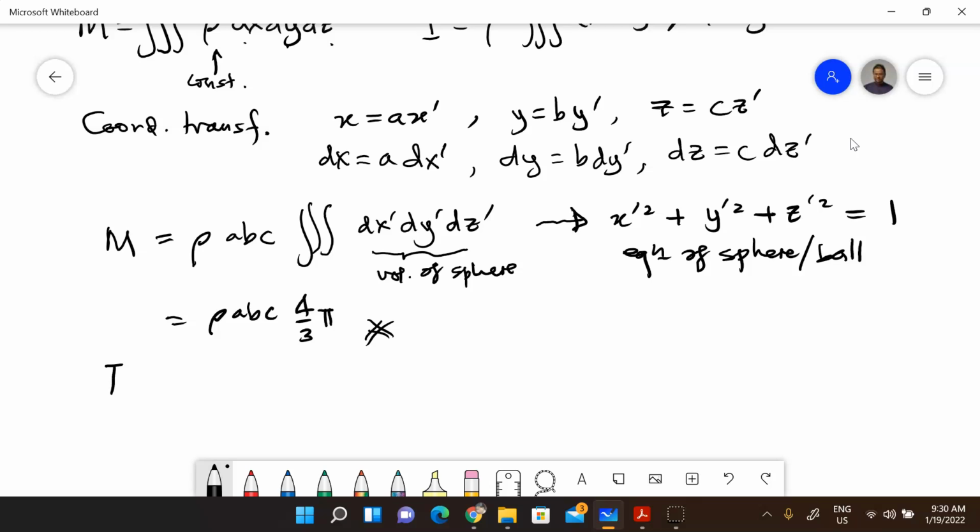But for the moment of inertia, you can see that that's going to be a problem. Okay, so let's write down the moment of inertia in the new variables.